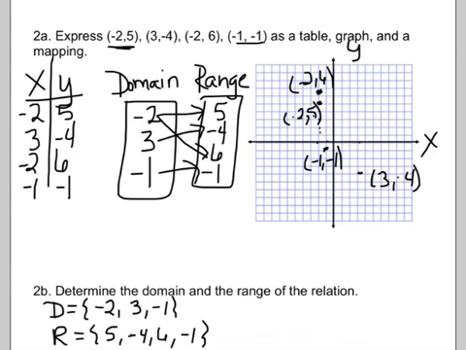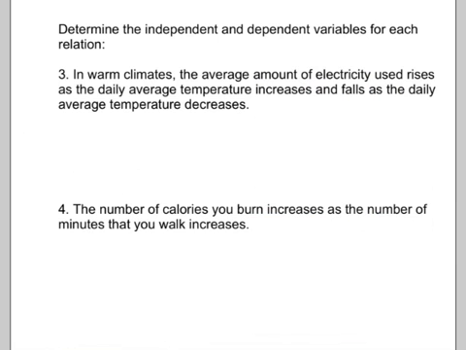Okay? Now, let's practice. Let's go back to that independent and dependent variables. Don't let this freak you out. Just stop and think about these. Again, let's think about what it is. Independent means it doesn't depend on anything else. Okay? It's totally self-sufficient, so to speak. Dependent means it's going to depend on something else.